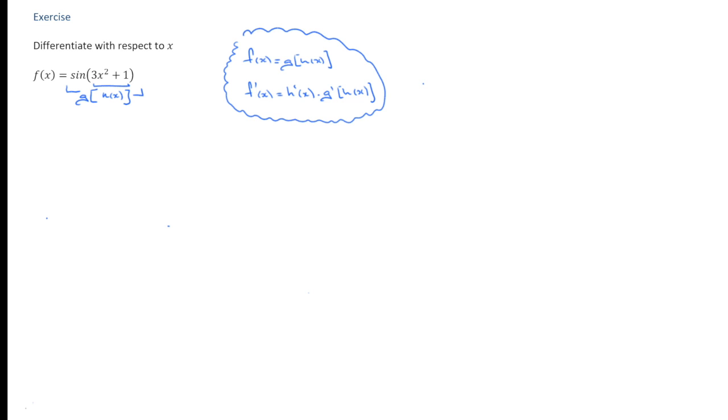There we go. Done. Now, going back to our function, we can see, of course, that if h of x equals 3x squared plus 1, then its derivative h dash of x will equal 6x. Also, if g, the outer function, or g of x, equals sine of x, then its derivative will be g dash of x equals cosine of x.